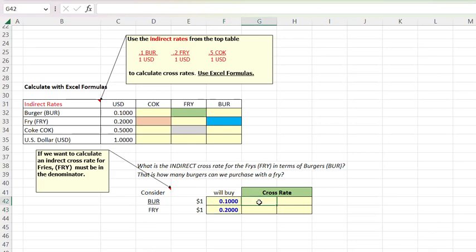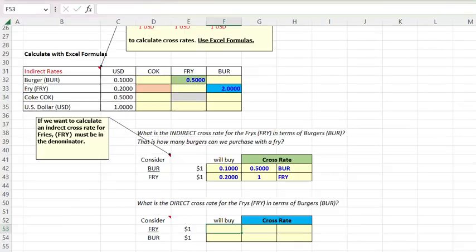Therefore, our cross rate is simply the 0.1 divided by the 0.2, or it's 0.5, and again, burgers is in the numerator, per 1 fry, which is in the denominator. So our cross rate for fries is 0.5 burgers per fry.